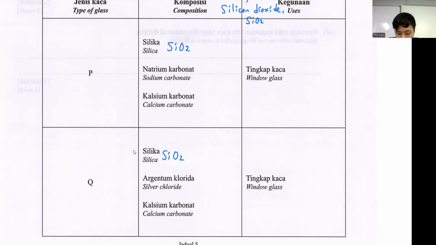So P has silica, sodium carbonate, and calcium carbonate. Sodium carbonate can be summarized in one word: we call it soda. Calcium carbonate, we call it lime, limestone.